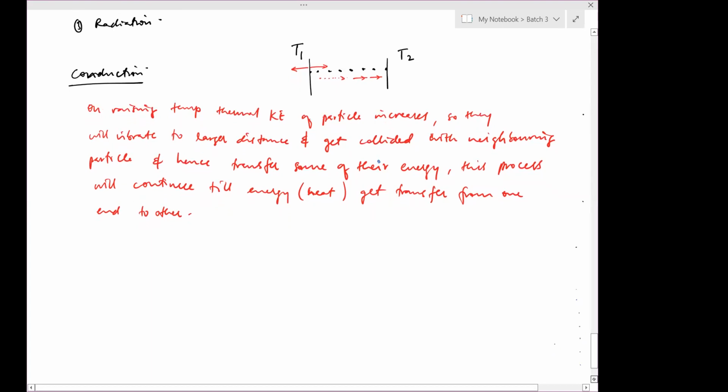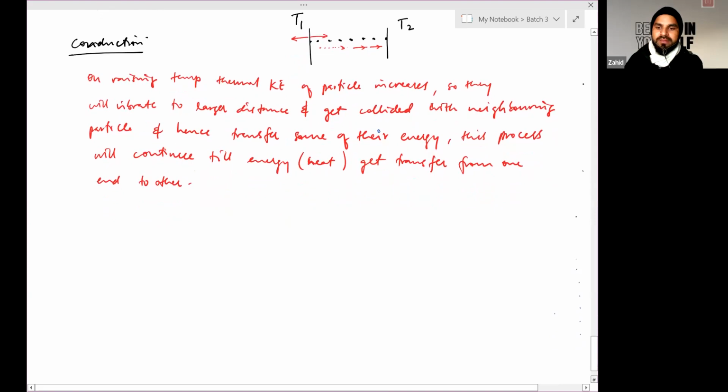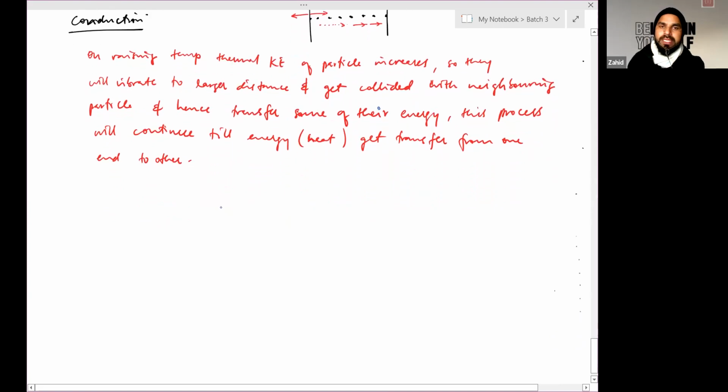Done, sir. Okay. So to define this particular process, let me explain the similarity between electricity and heat conduction.